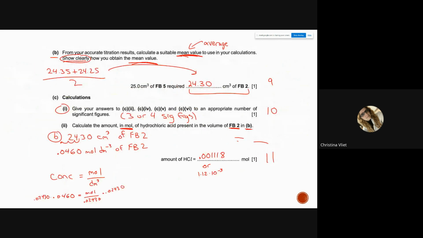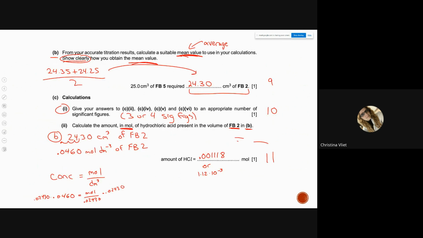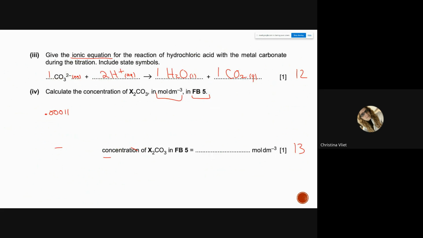So using that information, knowing that I have the moles of HCl it took for the color to change, can I figure out the moles of X2CO3 from there? So I've got 0.001118, making sure I don't add any additional zeros accidentally. And that's my moles of HCl.